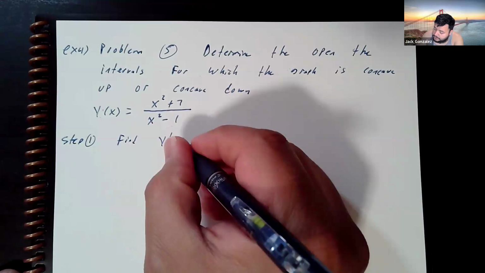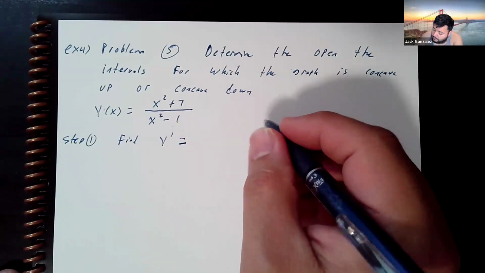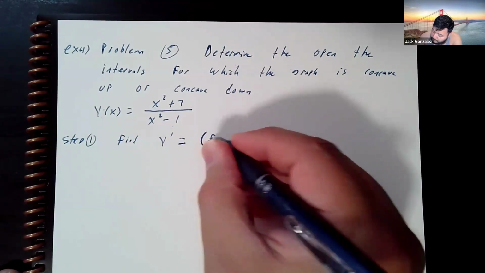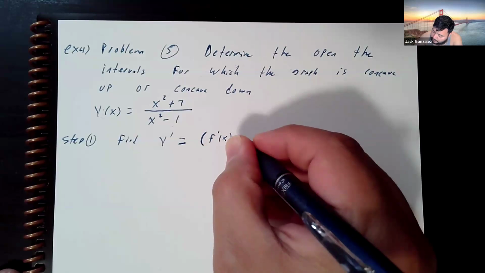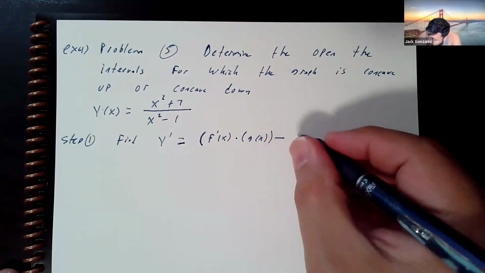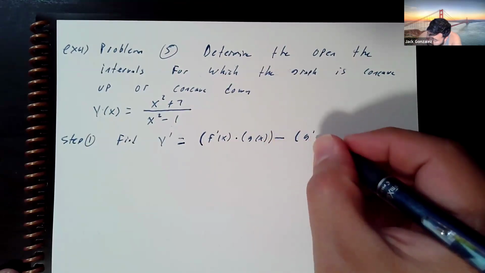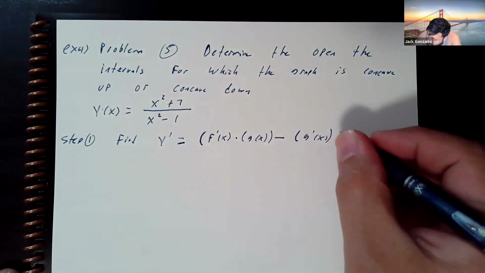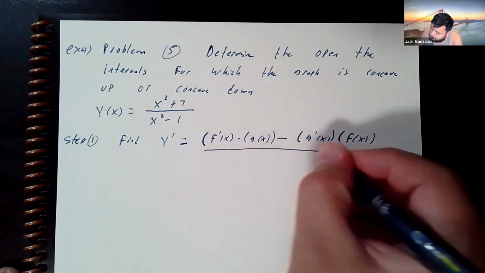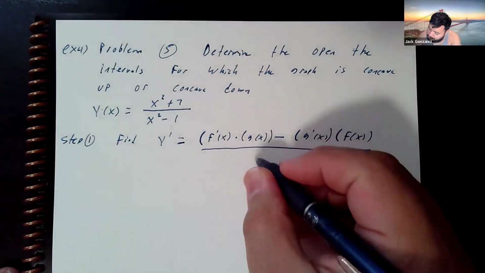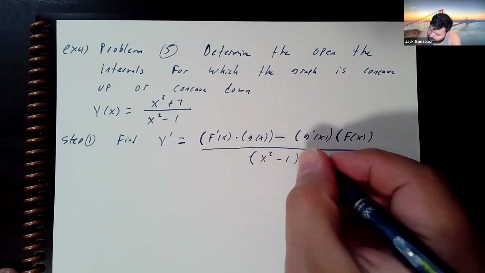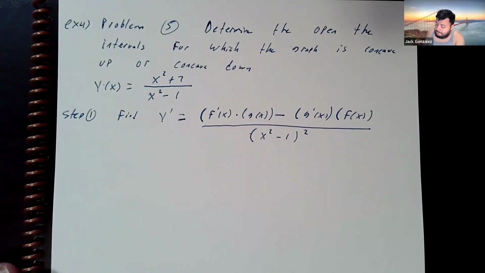So the derivative will be derivative of the top times the bottom minus derivative of the bottom times the top, over bottom squared.